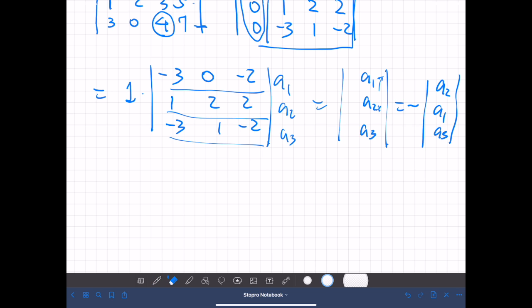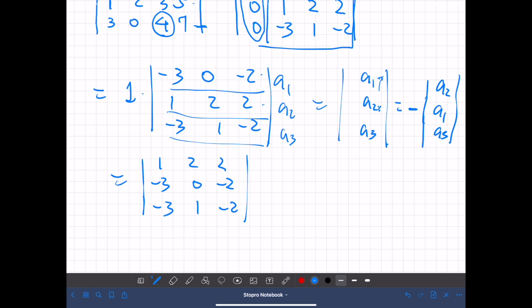So for any determinant, if we swap 2 rows, then we get the negative of the original determinant. So if we do that, we swap the first and the second rows, we get 1, 2, 2, negative 3, 0, negative 2, and negative 3, 1, negative 2. And a negative sign here.